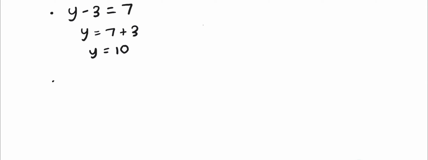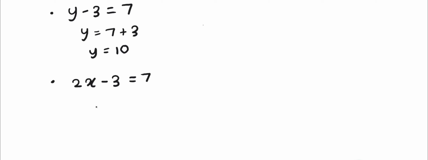I will tell you another example: 2x minus 3 equals 7. In this method, there are two numbers on the variable side: the multiplication by 2 and the minus 3. We have to move these two numbers to the other side.